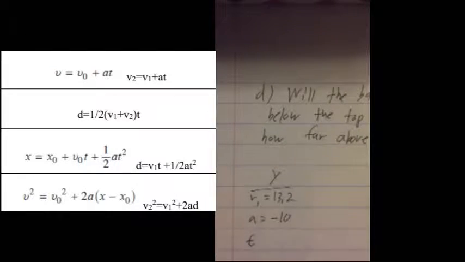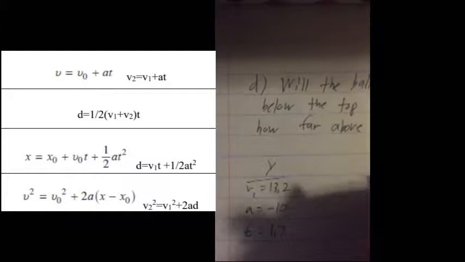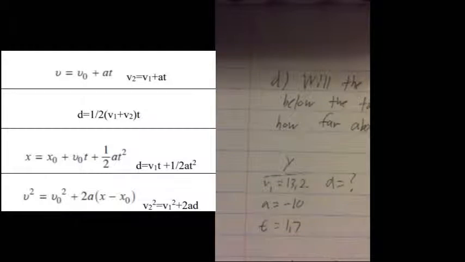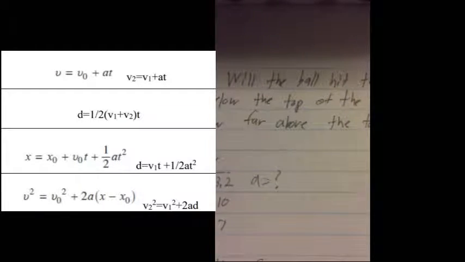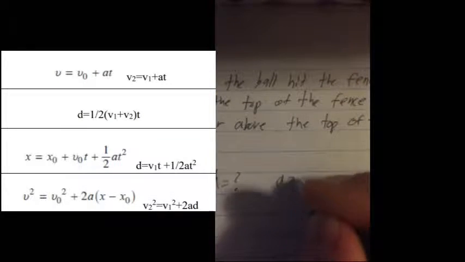We know the time it takes to get to the plane of the fence is 1.7 seconds, as we found in question C. And we're trying to find the distance, which we do not know. So that kinematic is the same as the last one we just used, which is d is equal to initial velocity times time plus 1/2 acceleration times time squared.